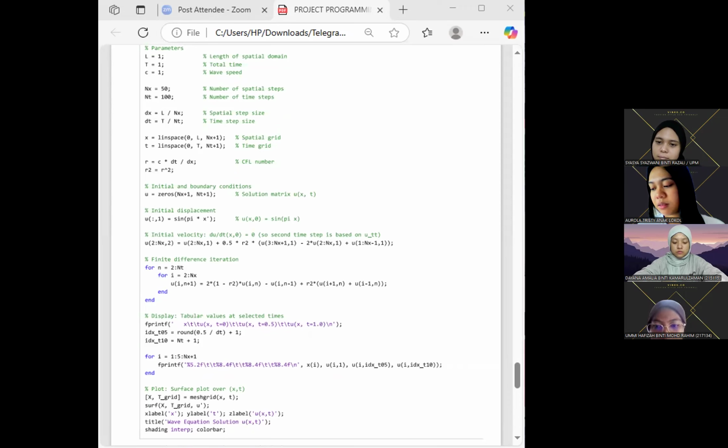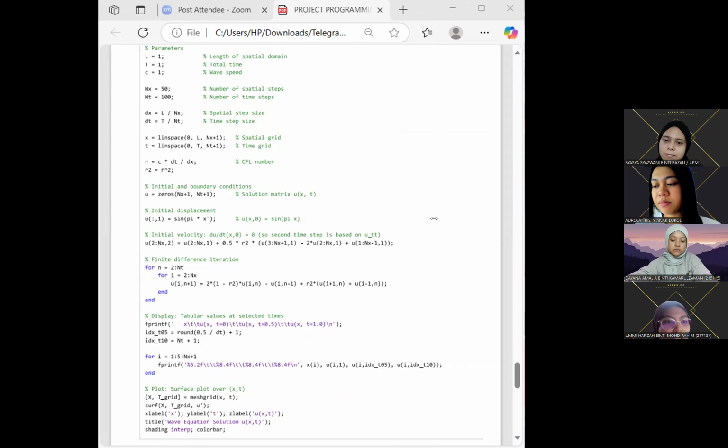And for step 2, we set up the grid. For the grid, we divide space into 51 points, NX plus 1, and we divide time into 101 points, NT plus 1. We use linspace to create vectors for the space and time grids.